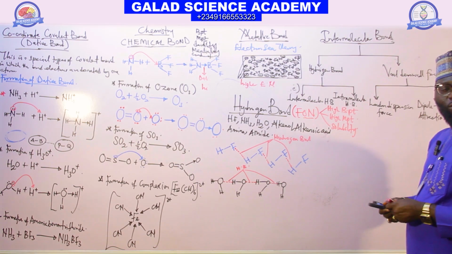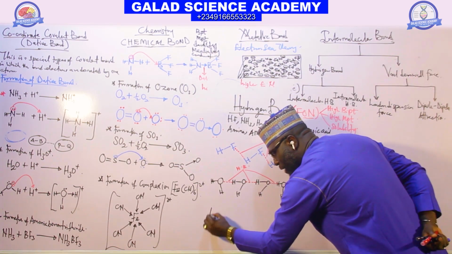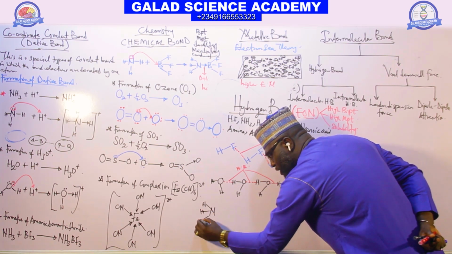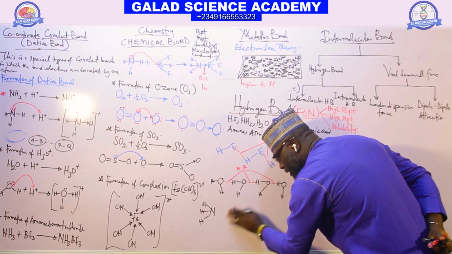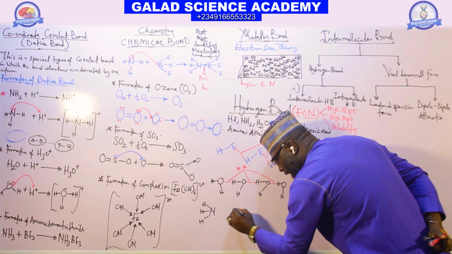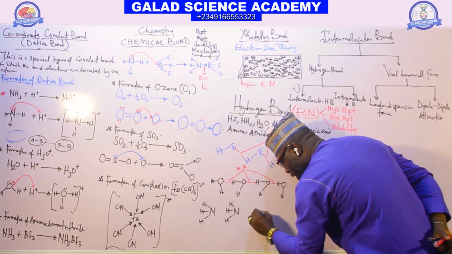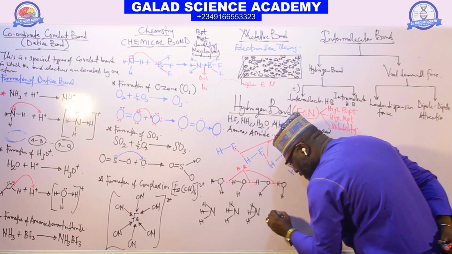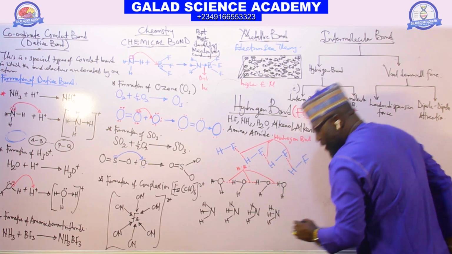And we also have hydrogen bond in ammonia. In ammonia, we have NH3, with H, H, H. We also have another NH3.